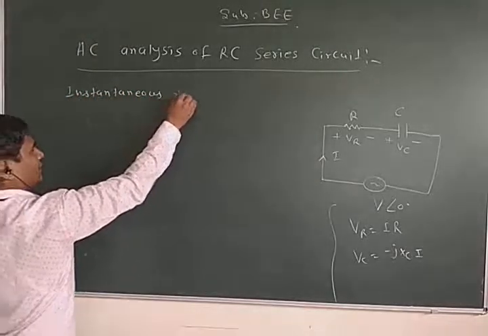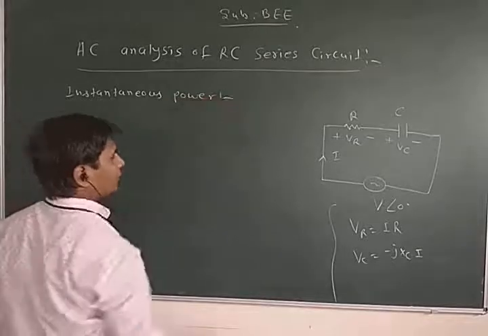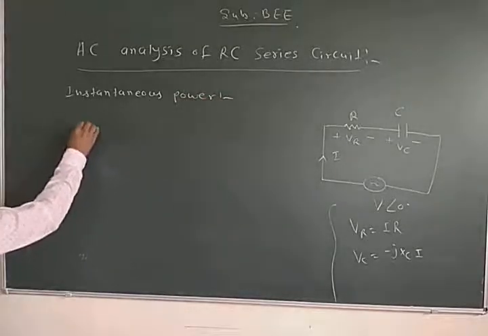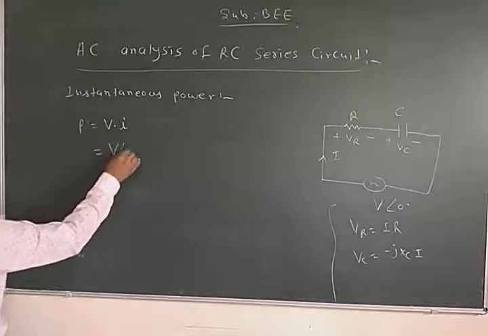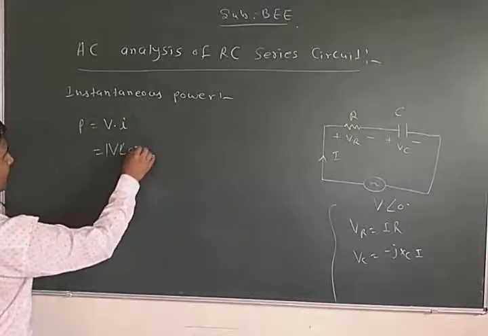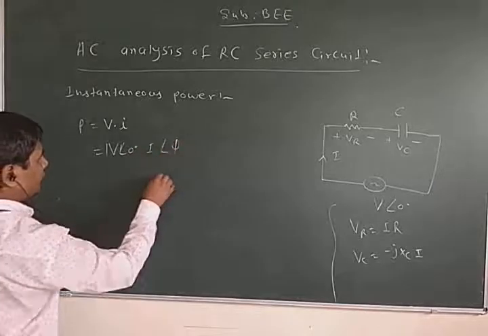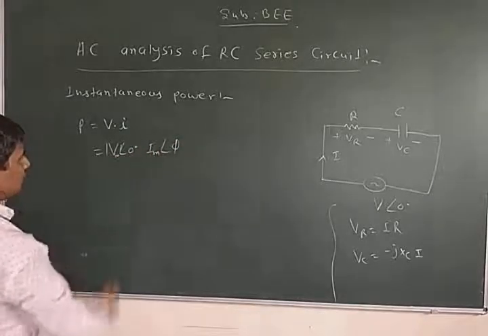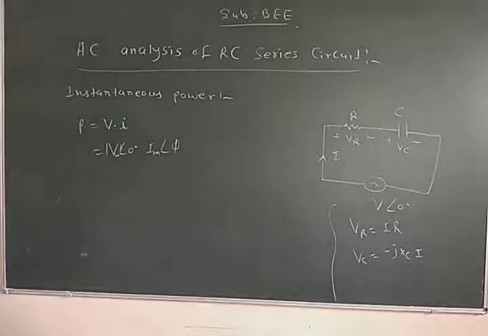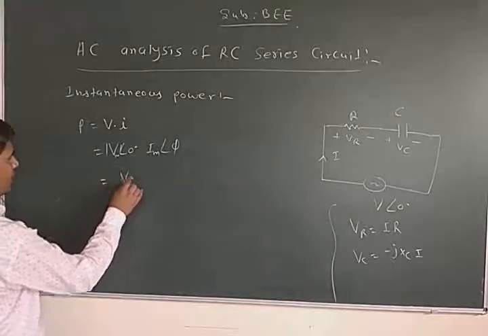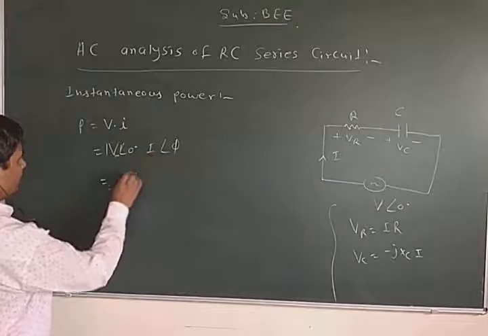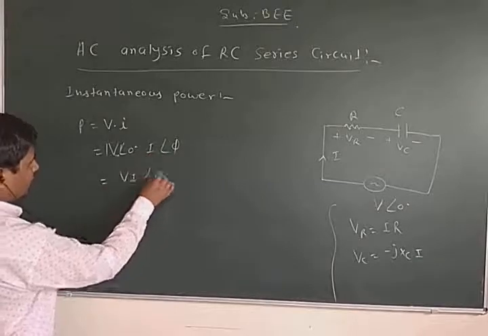Instantaneous power P is equal to V into I. V angle 0 degree and I angle phi. We can write V into I angle phi.